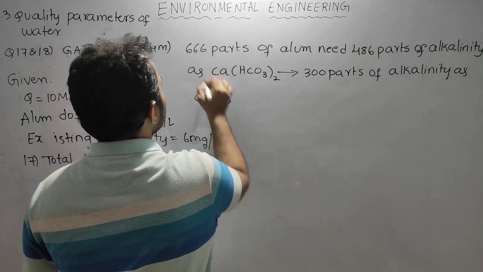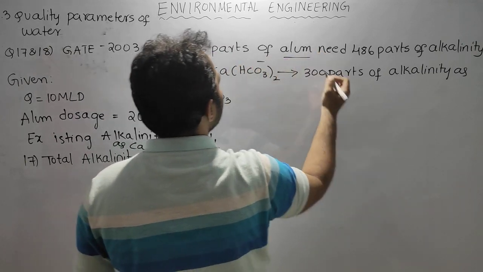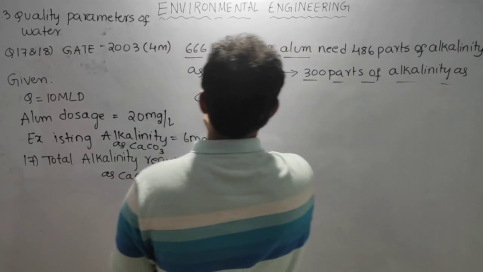That means 666 parts of alum needs 300 parts of alkalinity as CaCO3.